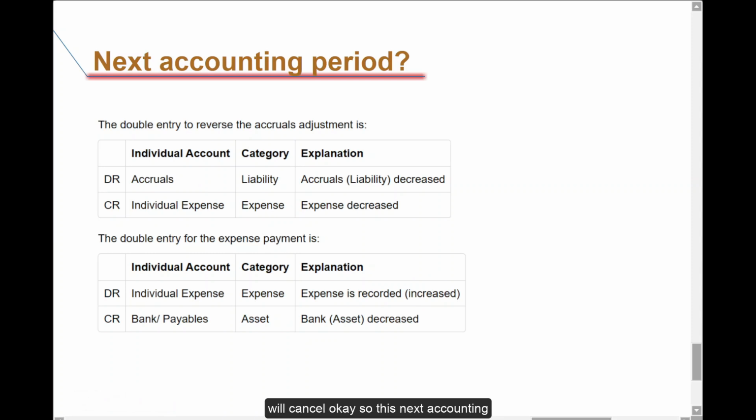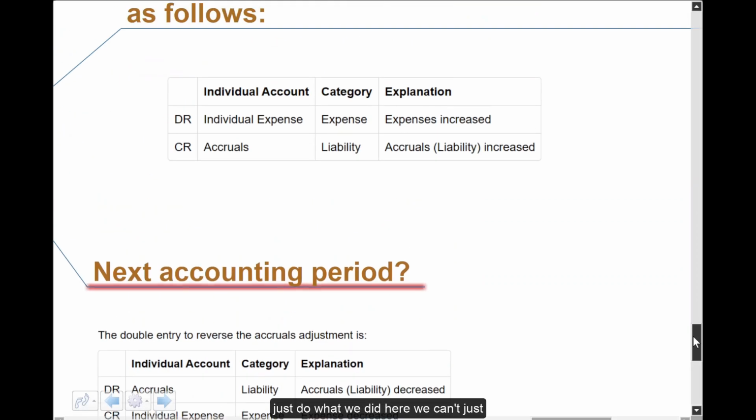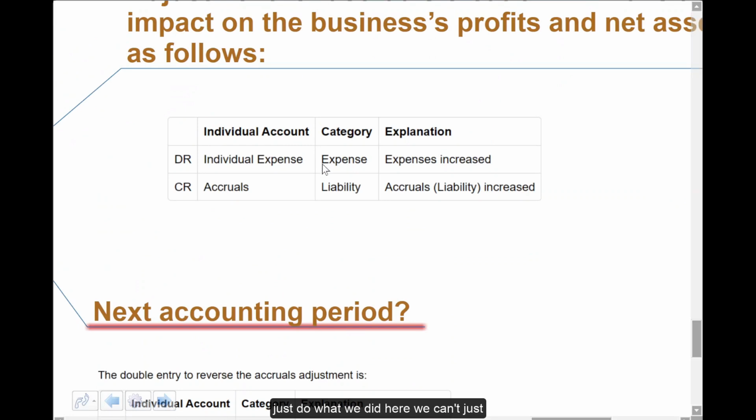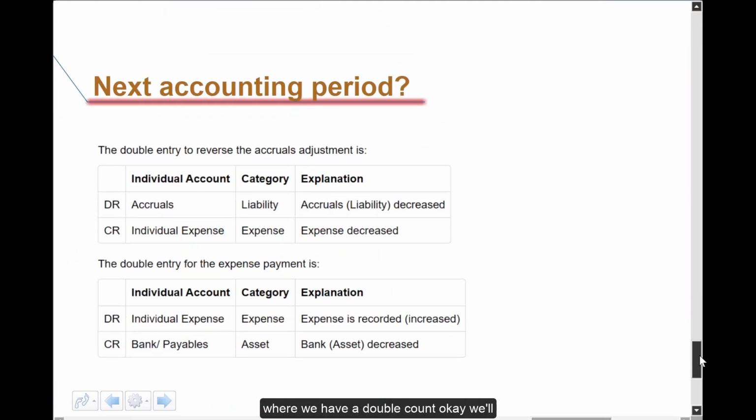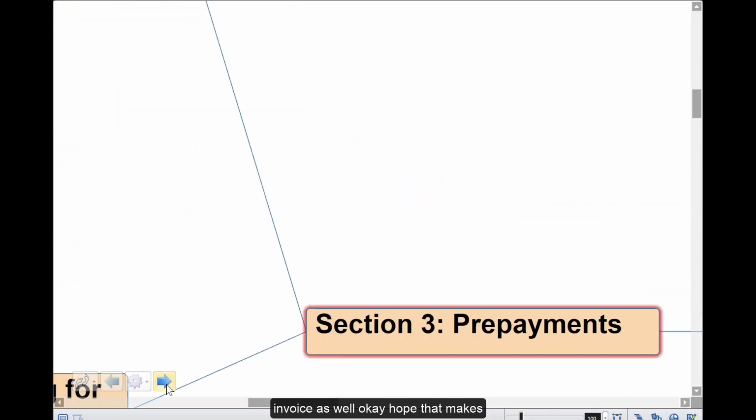Okay? So this next accounting period adjustment is essential. We can't just create the accrual at the end of the financial period and walk away. Otherwise, we're going to end up in a position where we have a double count. We'll have the initial accrual entry, i.e. the journal to record the accrual, and then on top of that, we'll have the invoice as well. Okay? Hope that makes sense.